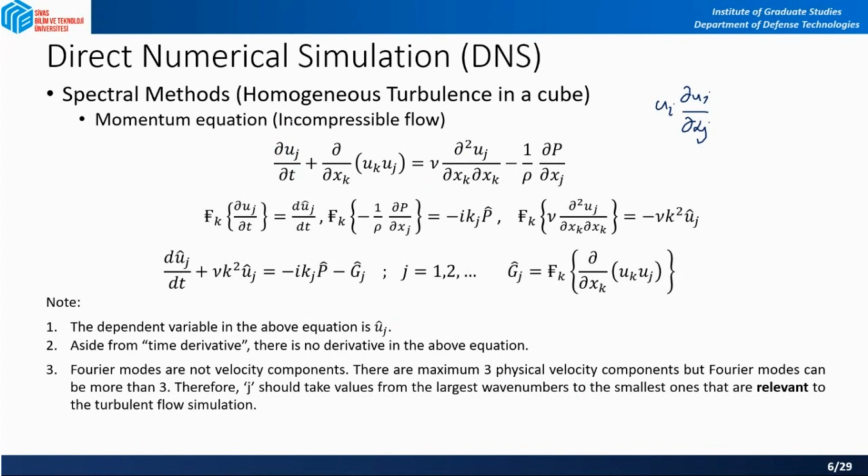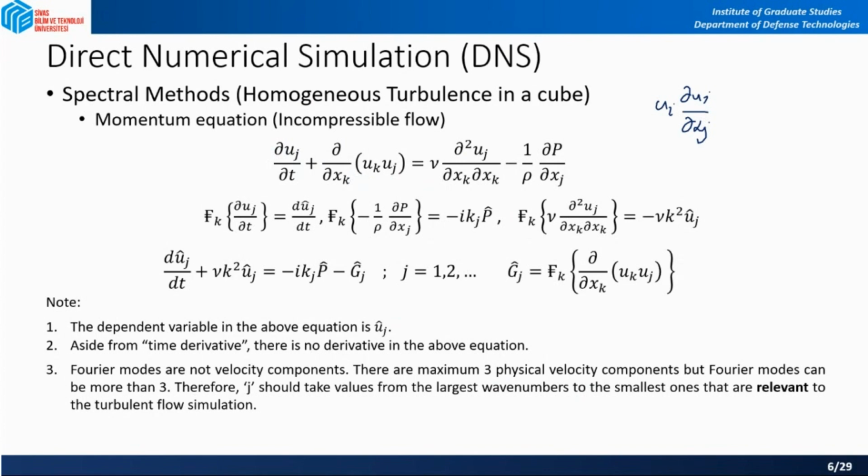So if you apply the operator term by term to the original physical domain instantaneous momentum equation, it is duj dt plus d dxk of uk uj. I can just replace these indices with anything.